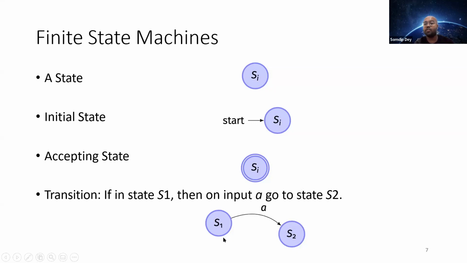Now, when we mention transition, it means the finite automata changes from one state to another, and that happens because of an input. When that change in state happens, we call it a transition. So here, if we go from S1 to S2, then the input A is the reason for this transition to happen.